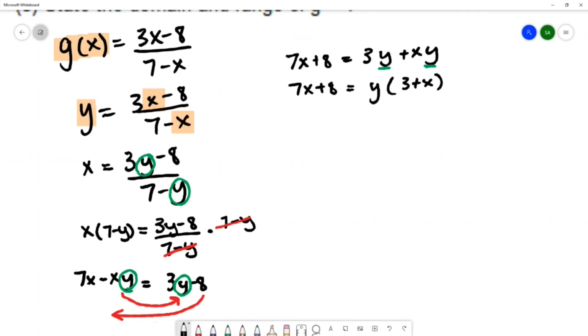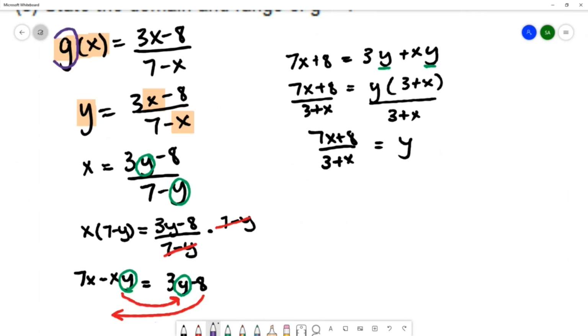Now I can solve for y, and I'll divide by 3 plus x on both sides. That gives y equals 7x plus 8 over 3 plus x. And now that we've solved for y, we know the inverse.